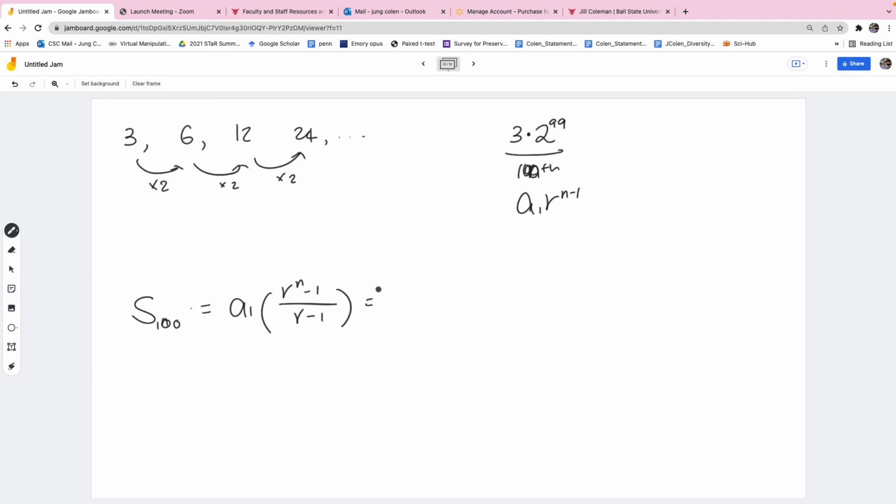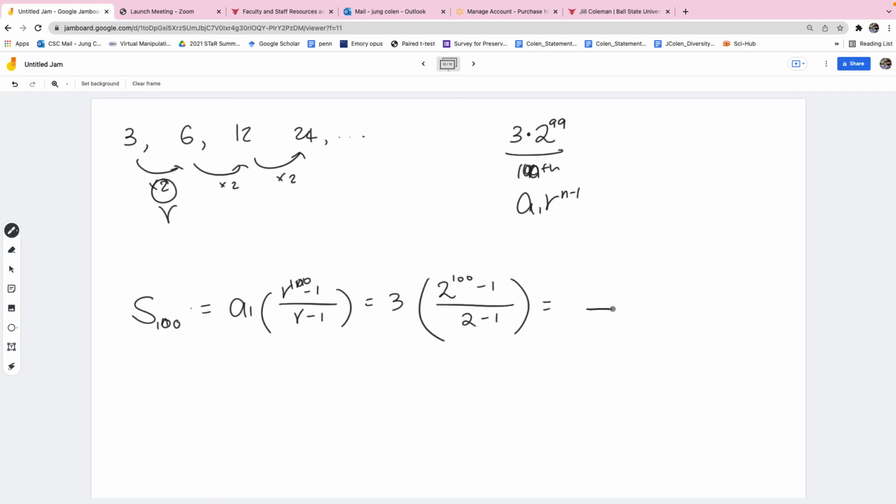So the first number is 3. R to the, my n is 100 now, r to the 100th. What is my r? It's 2, right? That is r. So 2 to the 100 minus 1 over 2 minus 1. Now you can just use your calculator to find this answer.